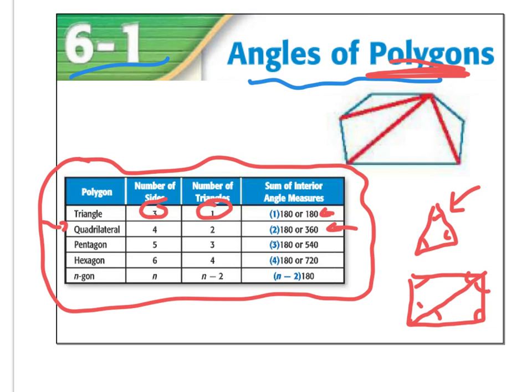So then I'm going to jump to a hexagon. Pentagon is a five-sided figure, but let me skip that one. Let me jump to a hexagon because I have a picture here. This picture is my hexagon. If I break up the hexagon into triangles, because I know a triangle is 180, then I have one triangle, two triangles, three triangles, four triangles. So I have four 180s, which equals 720.